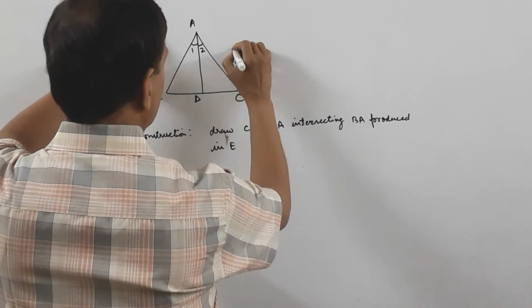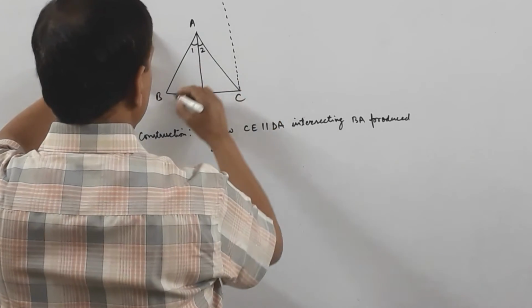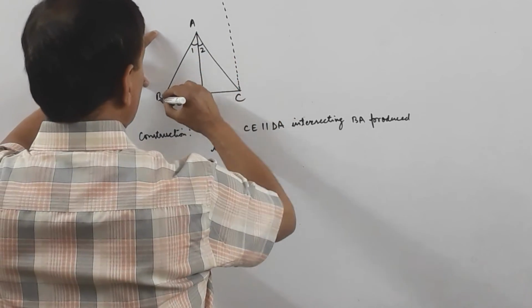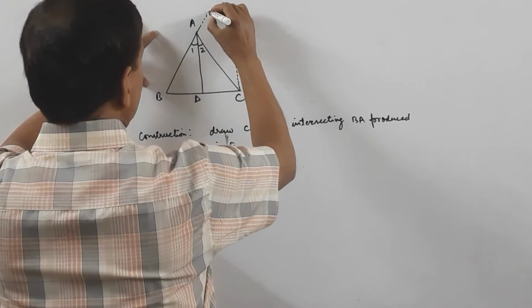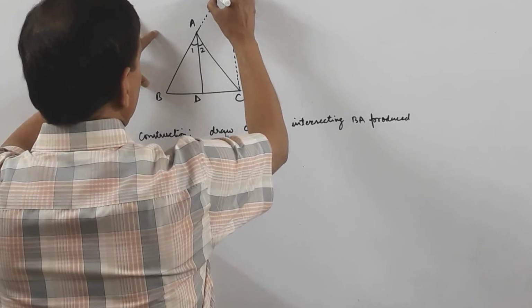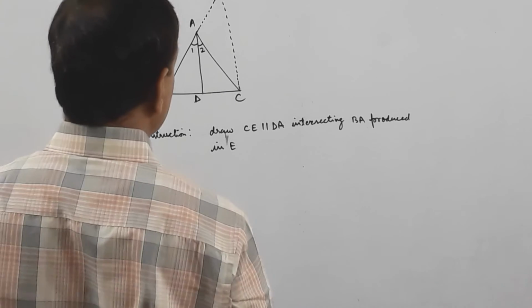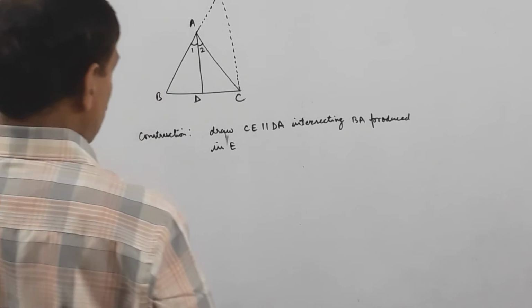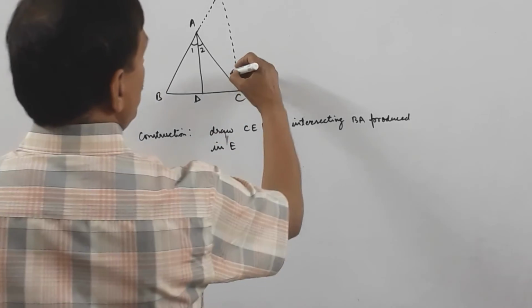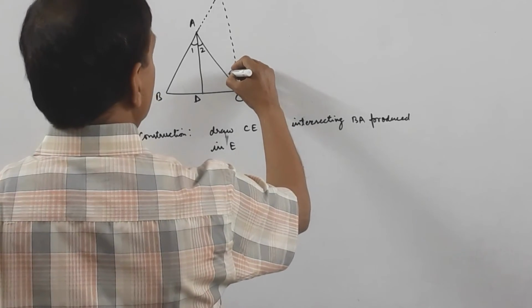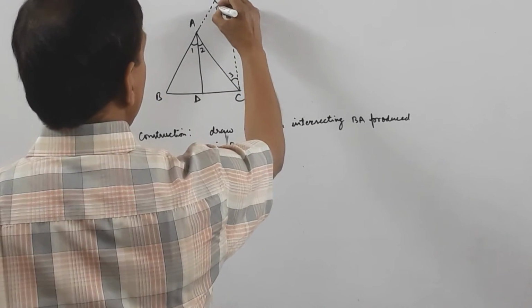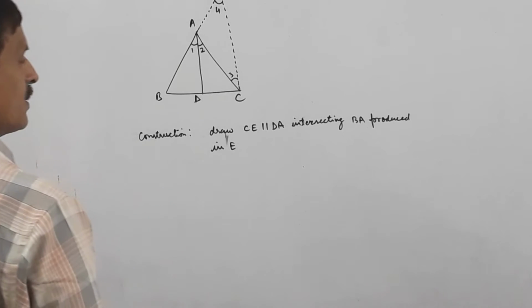So this is parallel to DA. When we produce BA, it intersects this line at E. We mark this angle as 3 and this angle as 4.